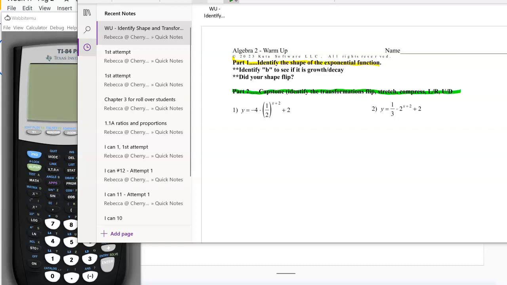So when we did our notes the other day, I showed you guys a number line, and 0 is on the number line, and 1 was on the number line. And the first thing I told you is that b, and so here's the format of our equation.